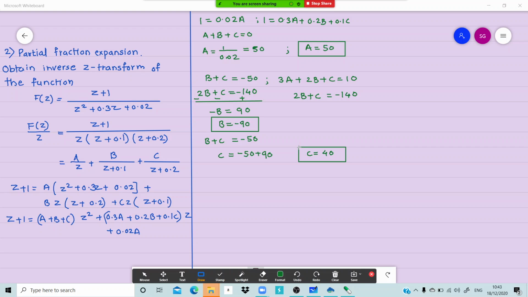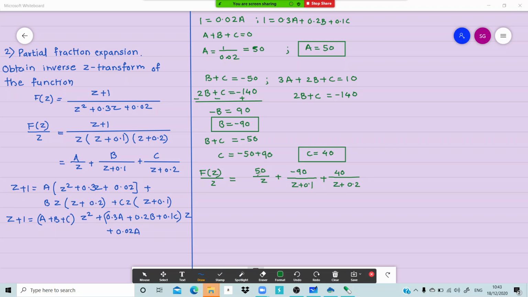Right? So now you can write this function as f of z by z is equal to a's value 50 upon z, plus b's value minus 90 upon z plus 0.1, plus c's value 40 upon z plus 0.2.